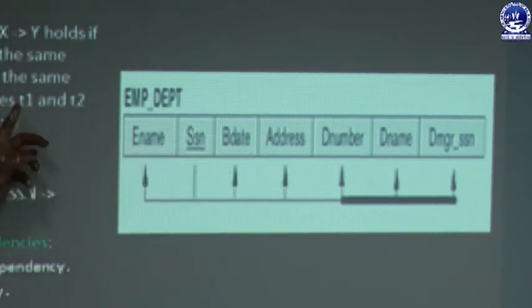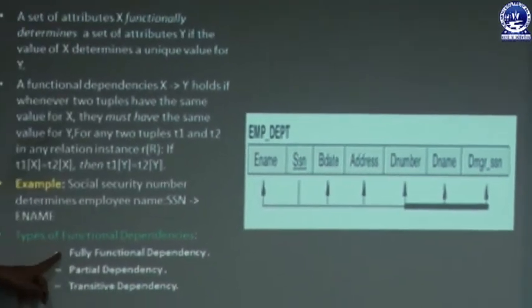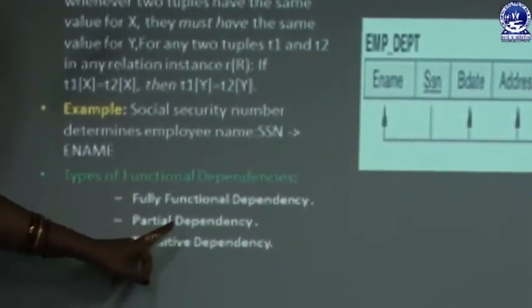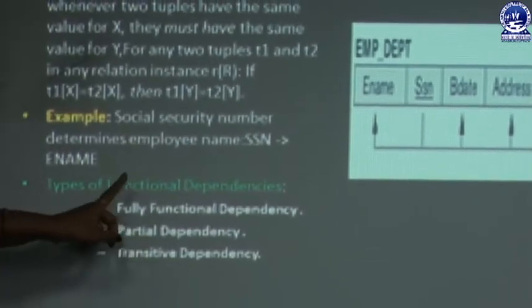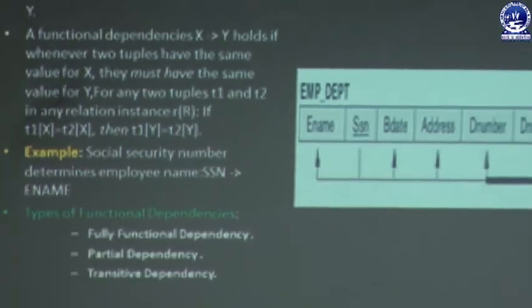So, in this case the functional dependency holds, and there are 3 types of functional dependencies. First one is full functional dependency, second one is partial functional dependency, third one is transitive functional dependency, and these types of dependency will be discussed along with normalization.